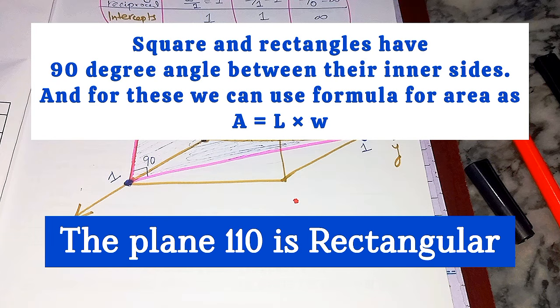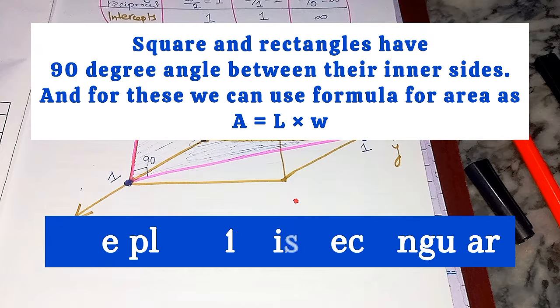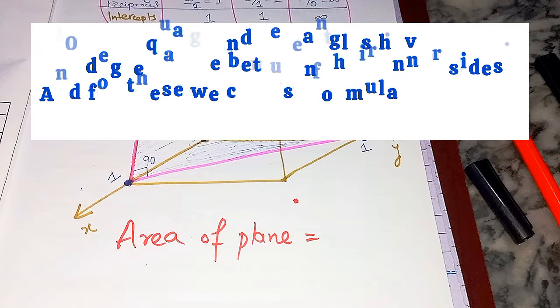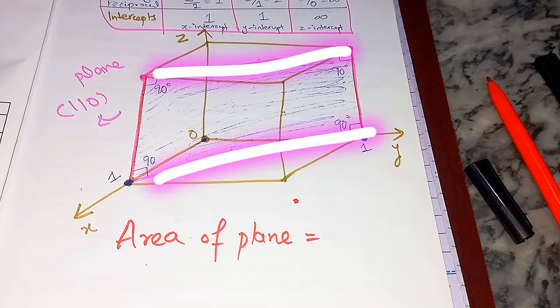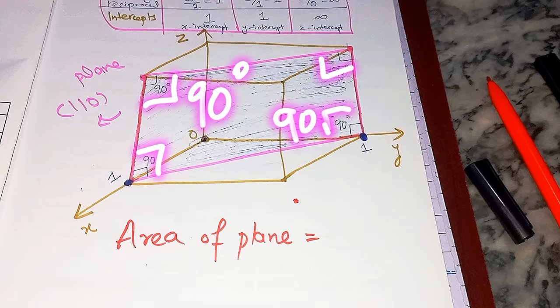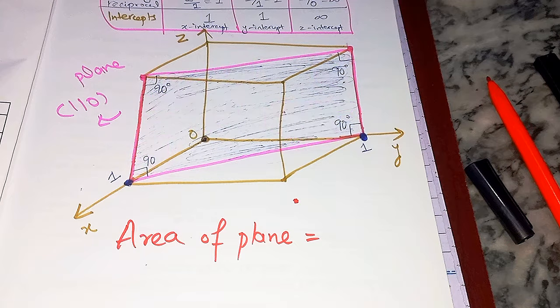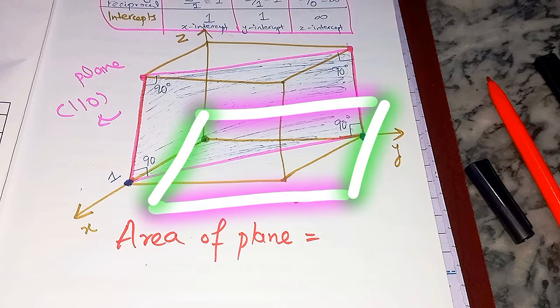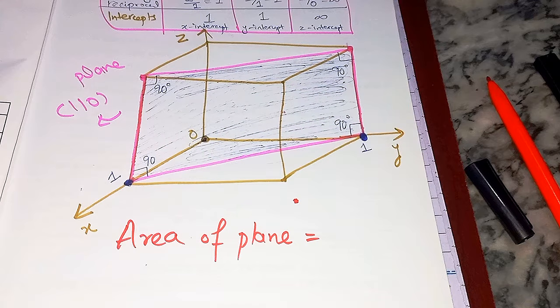In a rectangle, the opposite sides are of equal length. We have the upside and the downside which are of equal length, and the side lengths are equal to each other and the inner angles are 90 degrees, so it makes a rectangle. There is another figure that we call a parallelogram, in which the angles are not 90 degrees, so the formula for the area is different.